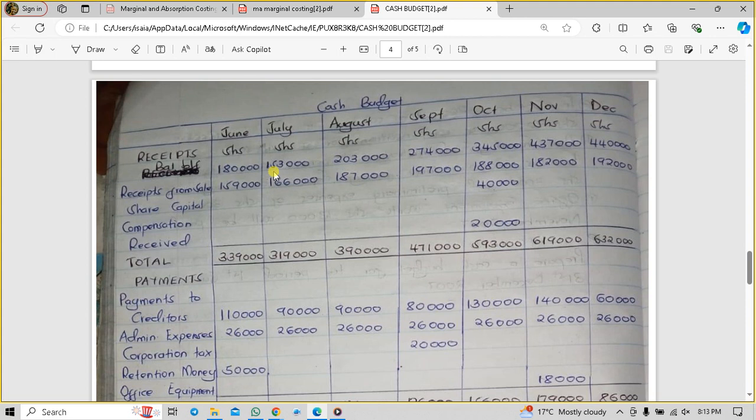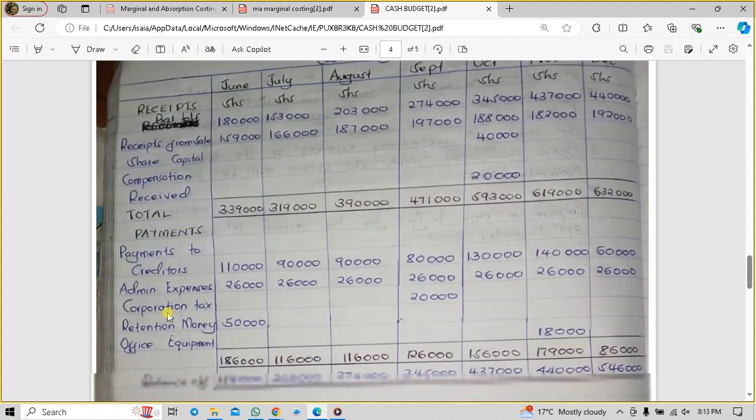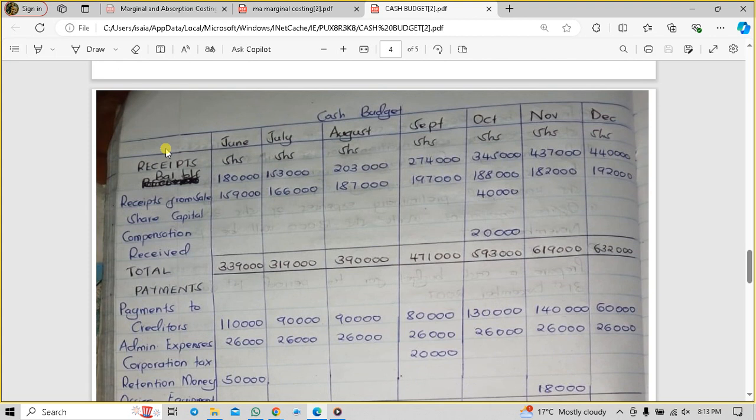A cash budget is very interesting. It just has 2 aspects: receipts and payments. Here we record the money that you have received, and here we record all our payments, and then here we record the balance. I'm saying that a cash budget is very interesting because you are writing all the monies that you have received here.